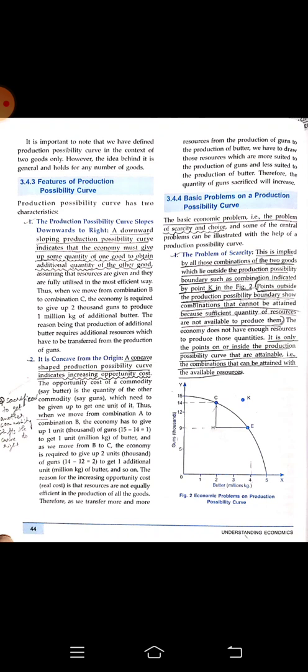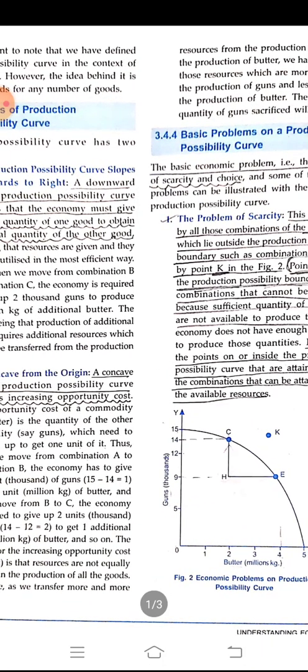Thus, if the society chooses combination C, that is in figure 2, this is the figure, it shows that it has decided to produce more guns and less butter. At what point the economy decides to operate depends on the taste and preferences of the individuals in the economy.